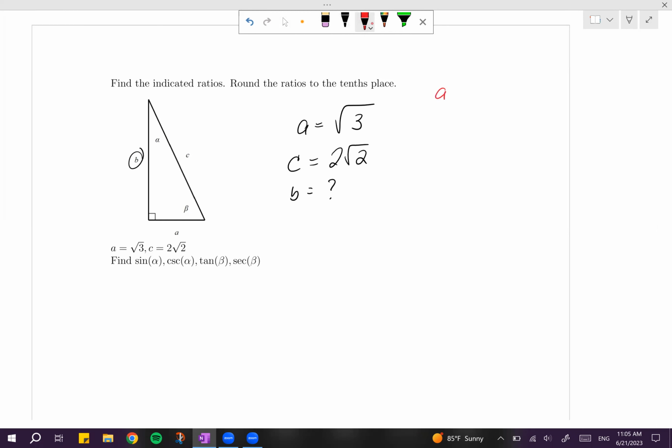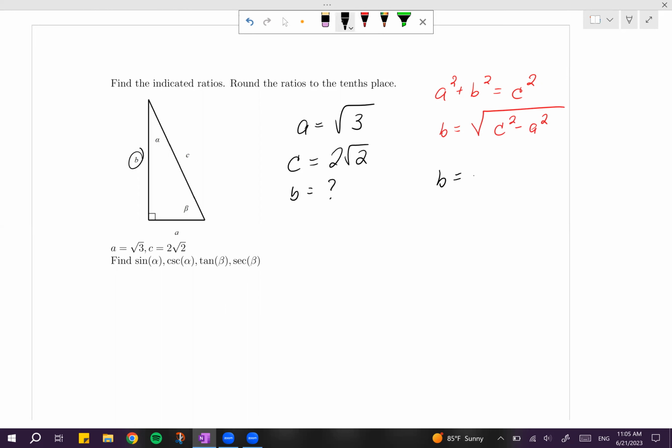So we can use Pythagoras' theorem, which says a squared plus b squared equals c squared. We can solve this for b, and we're going to get b is equal to the square root of c squared minus a squared. Now we just plug in and see what we get.